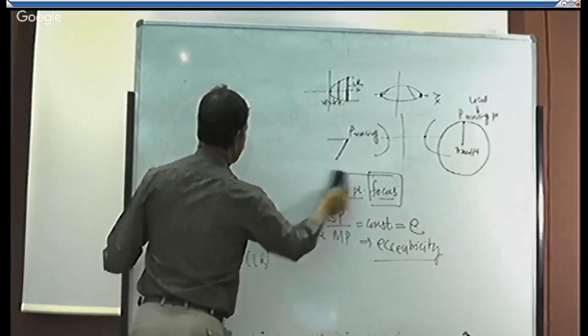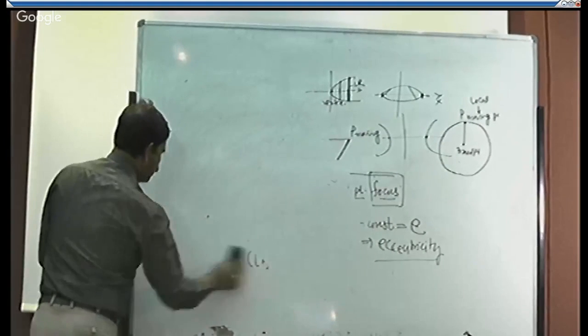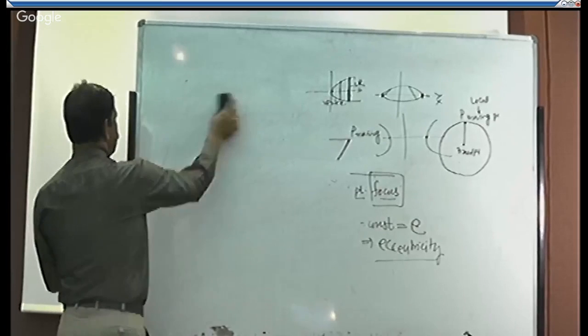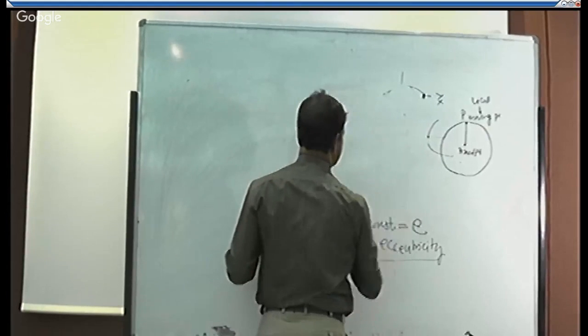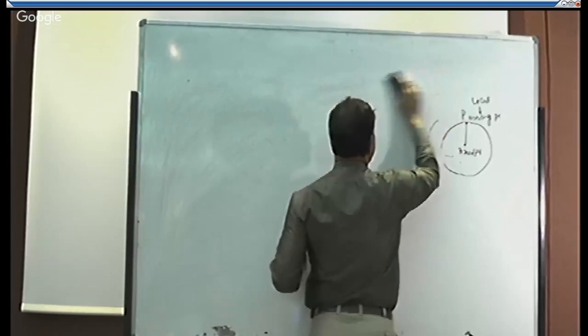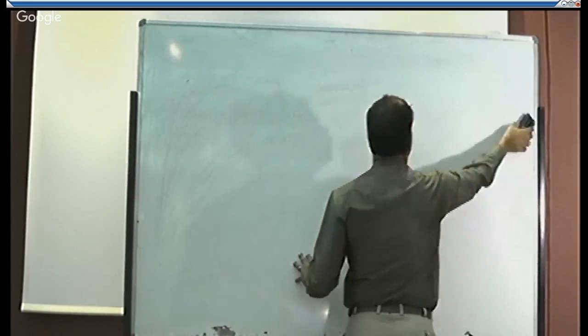Next, we will discuss the types of conics one by one. The first one is parabola.